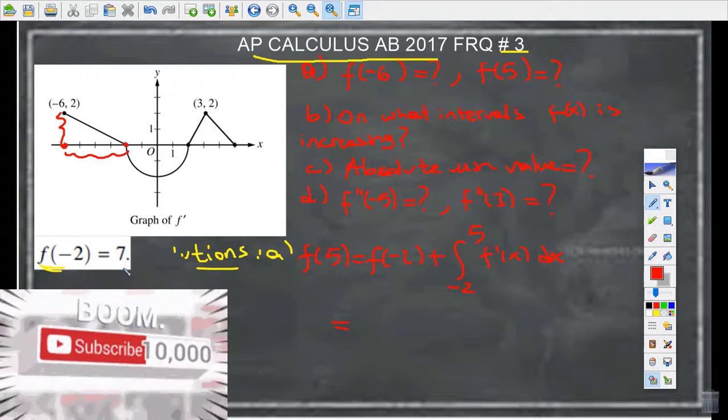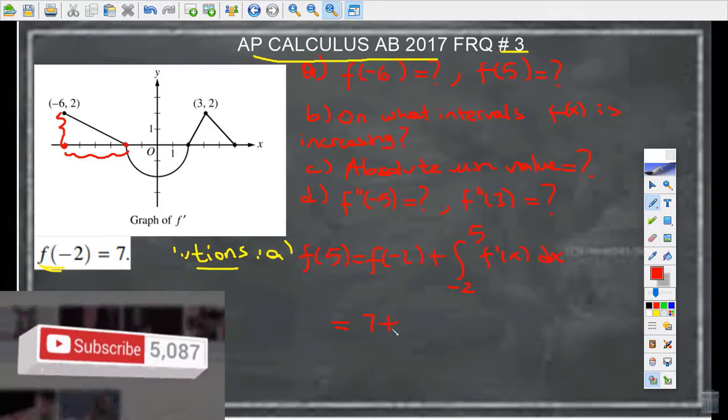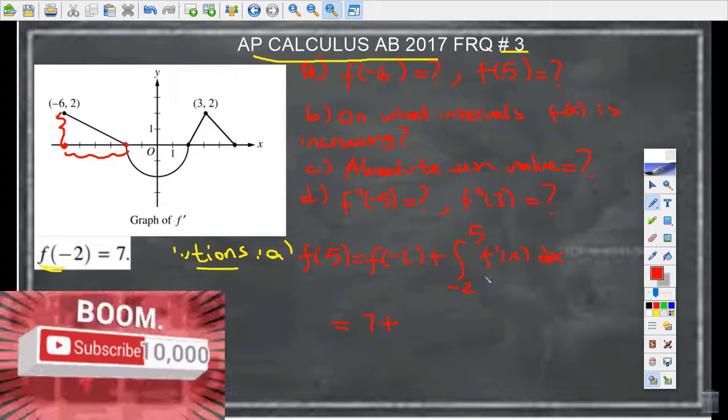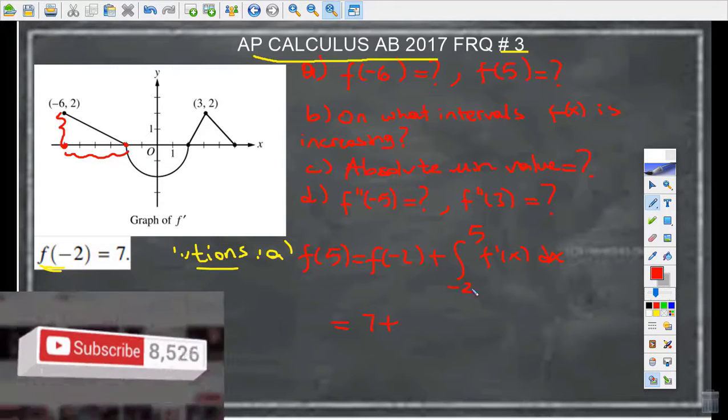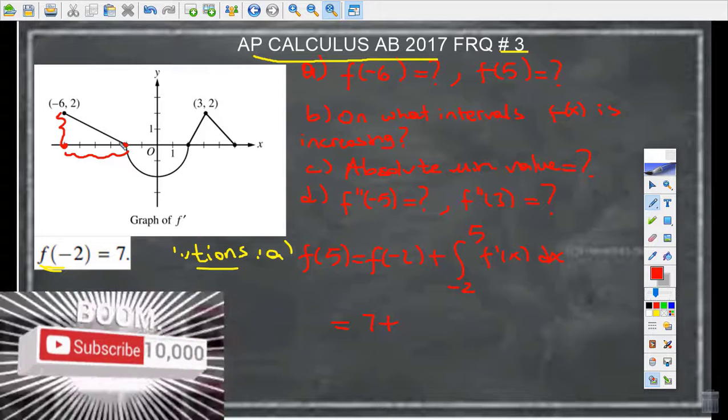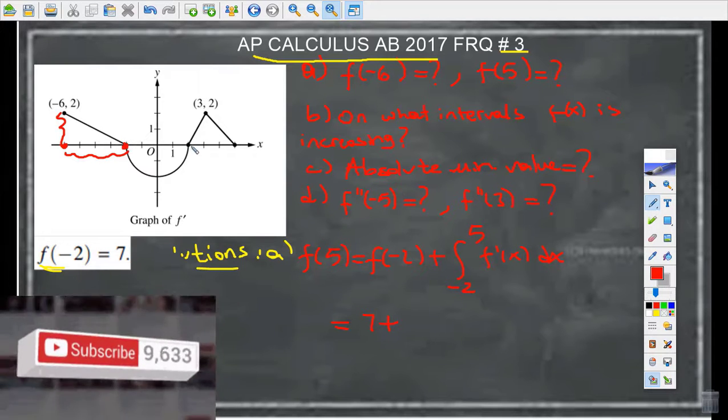We already know f of -2, which is 7, plus this definite integral, which will again be the area under the curve from -2 to 5.